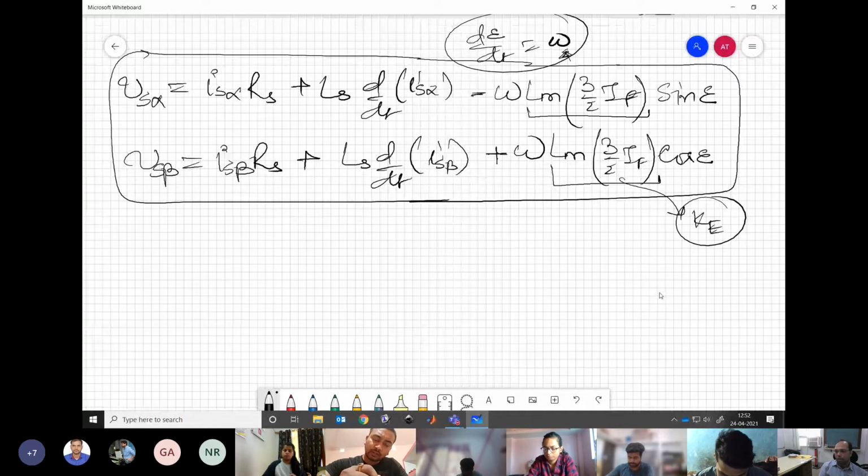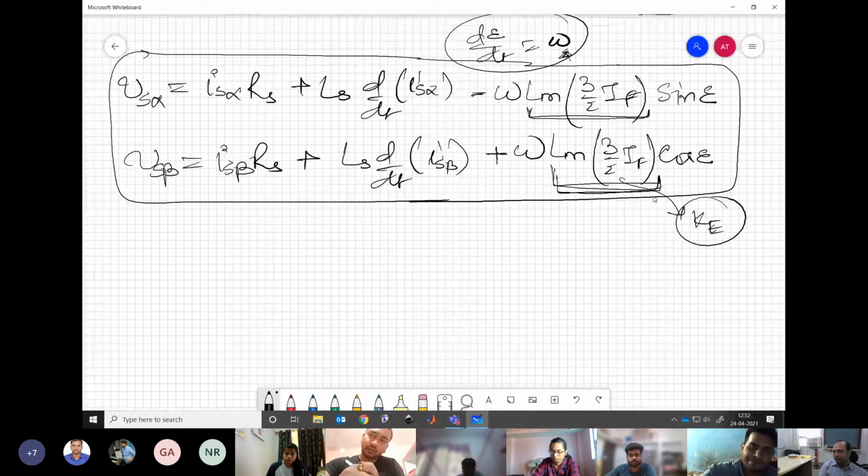So this term, Lm into 3 by 2 times IF, is basically your constant term which is machine dependent. IF you have defined as a fictitious current in the rotor winding, and Lm is the magnetizing inductance.